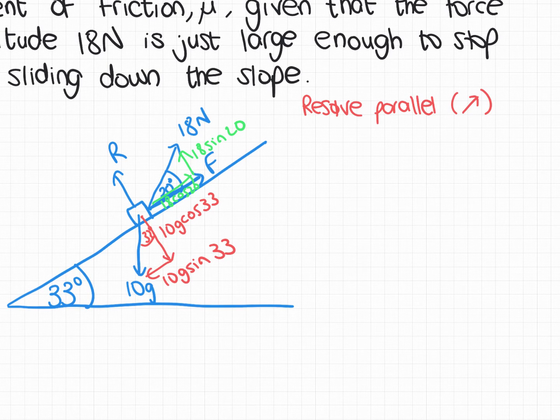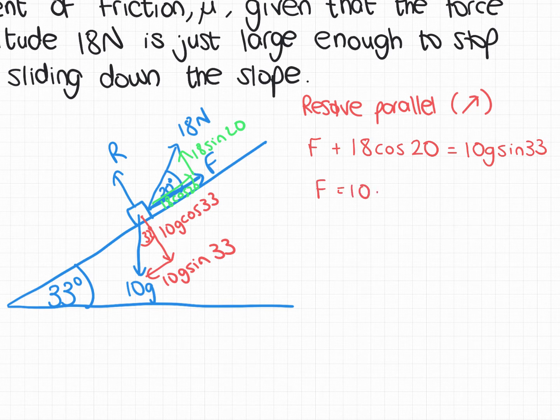So if I'm resolving parallel to the plane going up my plane, I've got F, and I've got an 18 cos 20. And because I'm in equilibrium, not moving, that must be equal to the downwards one. Or I could put minus downwards equals 0. And from that, I can now work out F, I hope.